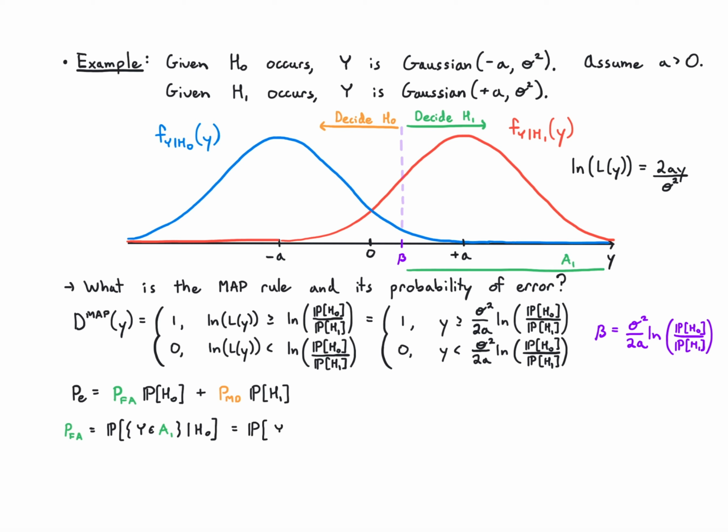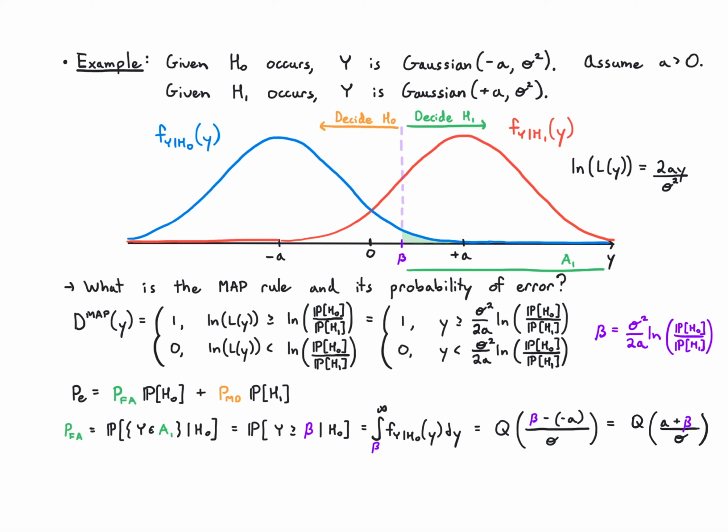So when y is greater than or equal to beta under H0, I integrate from beta to infinity the conditional PDF of y given H0, and that's going to be the Q function of beta minus the mean, which is minus a, over sigma. We can see that now highlighted in green under the plot, the area under the blue curve. So that ends up being Q of a plus beta over sigma.